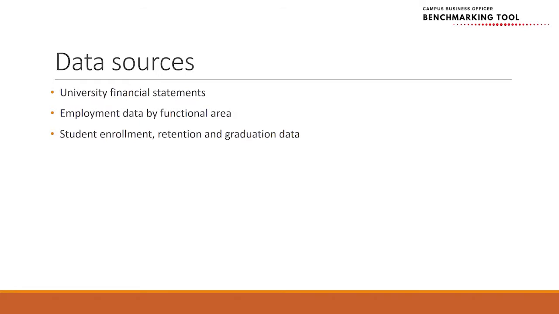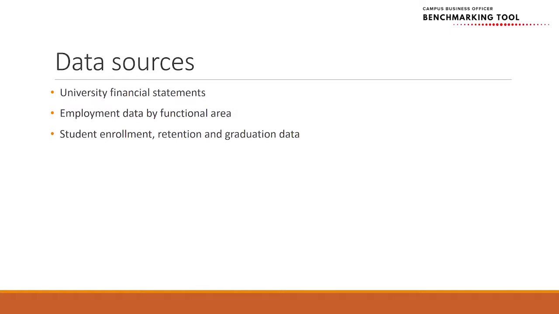So we've tried to keep that in mind in the types of data that we ask institutions to report. We try to keep very simple the sources of data that are necessary to participate. There are really only three sources where your information is going to come from.